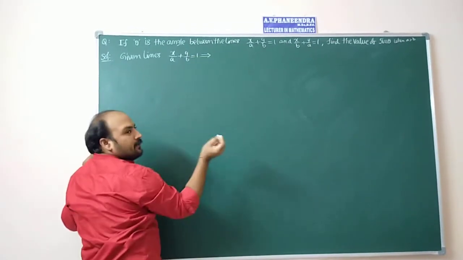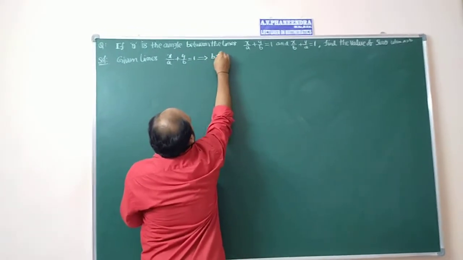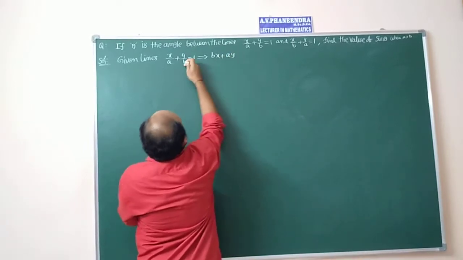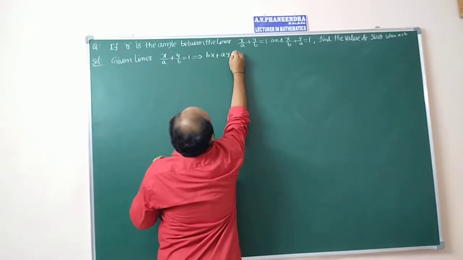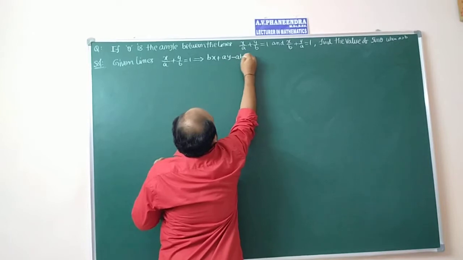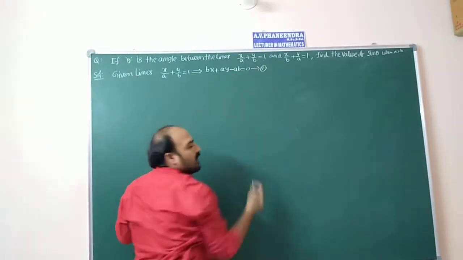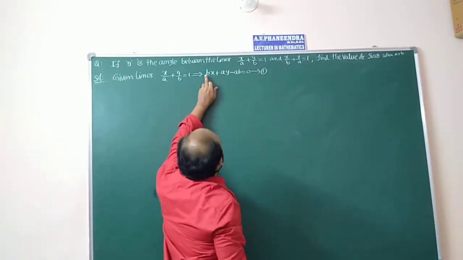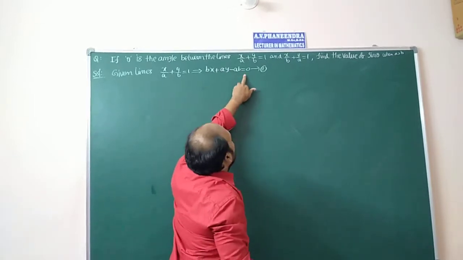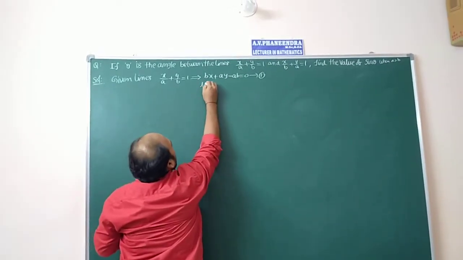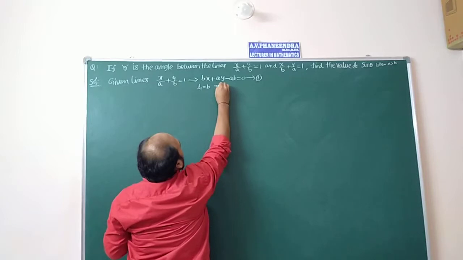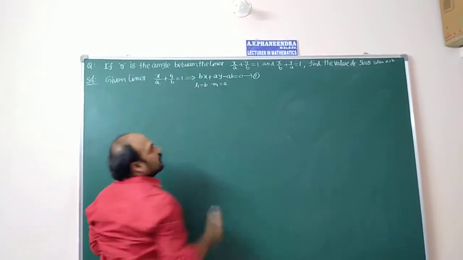After taking LCM and simplifying, bx plus ay minus ab is equal to 0. Put that as equation number 1, compare with L1x plus M1y plus N1. So L1 is equal to b, M1 is equal to a.